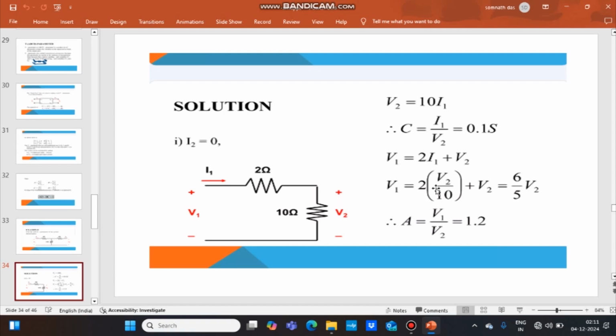So V1 equal to 2 into V2 by 10 plus V2, using the value of I1 from the equation V2 equal to 10I1. That is equal to 6 by 5 V2. So A equal to V1 by V2 equal to 1.2.